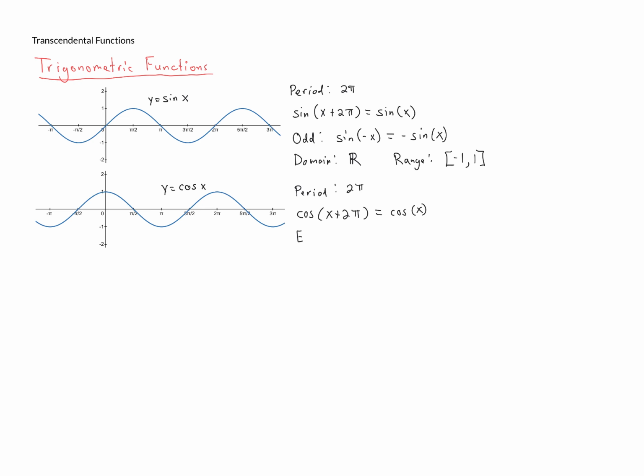So that means we have an even function. And so that tells us that cosine of the opposite of x is just equal to cosine of x. And similarly, the domain and range is the same as sine. The domain is all real numbers, and the range is from -1 to 1 inclusive.